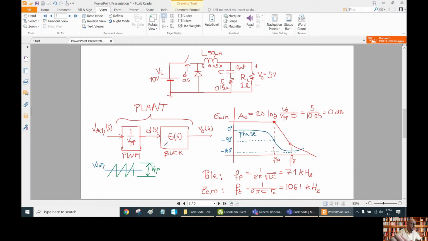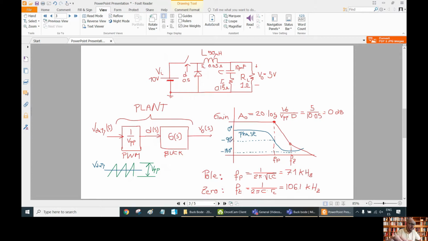This is usually the model for the PWM modulator. Then we have our buck converter that is going to behave like a second order circuit. We are controlling the duty cycle D and generating the value of the output voltage VO.